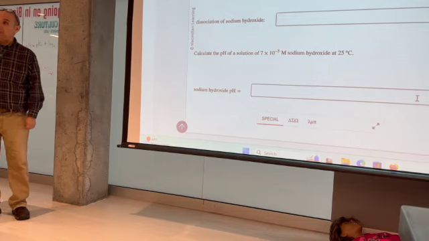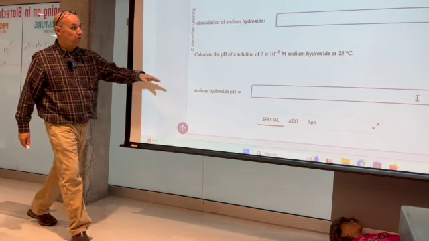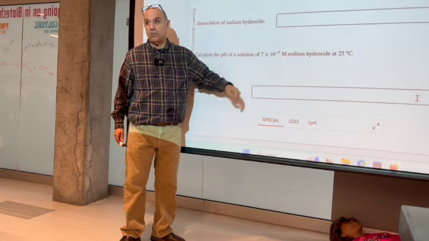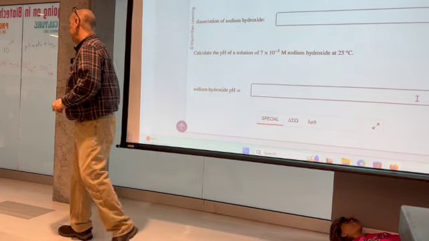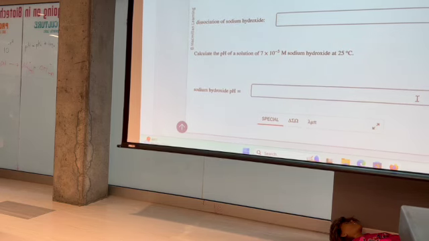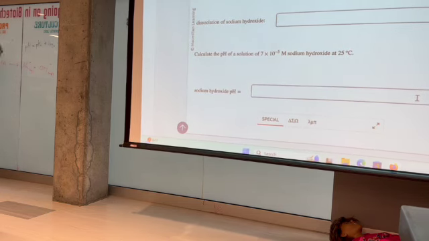That's not possible because this is the amount of OH minus. So this one we had to solve in a different way. I'll give you 2 versions and you pick the one that you want.